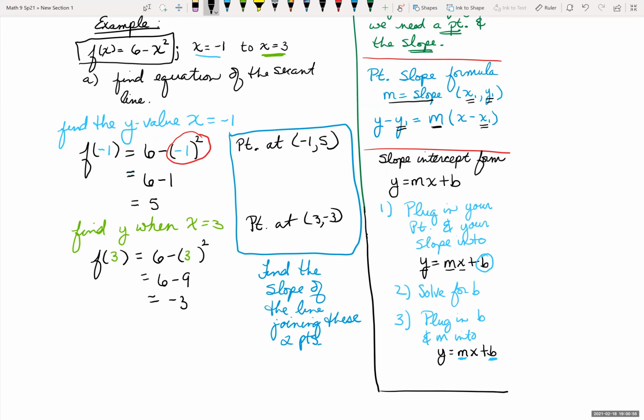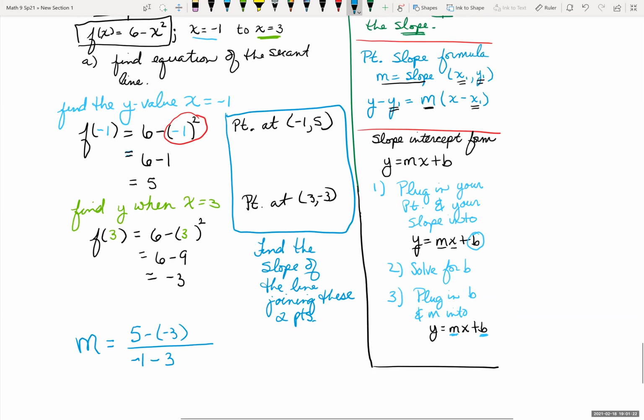Okay, so we can do that. We know that m is equal to the change in our y value. So let's start with 5 minus the other y value, -3, all over the change in our x value. I started with the point above, so I need the x values to start at -1 minus this x value of 3. So let's simplify that.